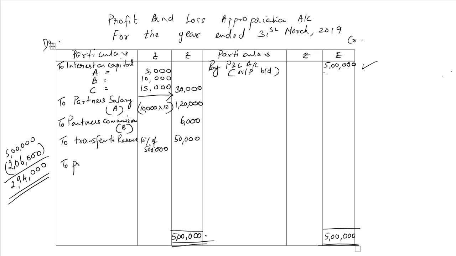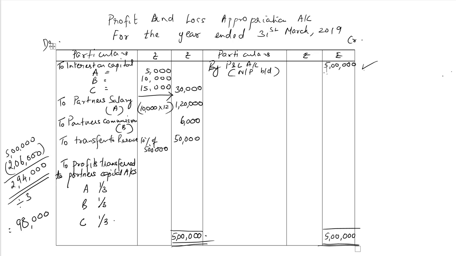To profits transferred to partners' capital accounts by default, A, B and C, and each of them get 1/3. On dividing 2,94,000 divided by 3, we get 98,000 for each partner.